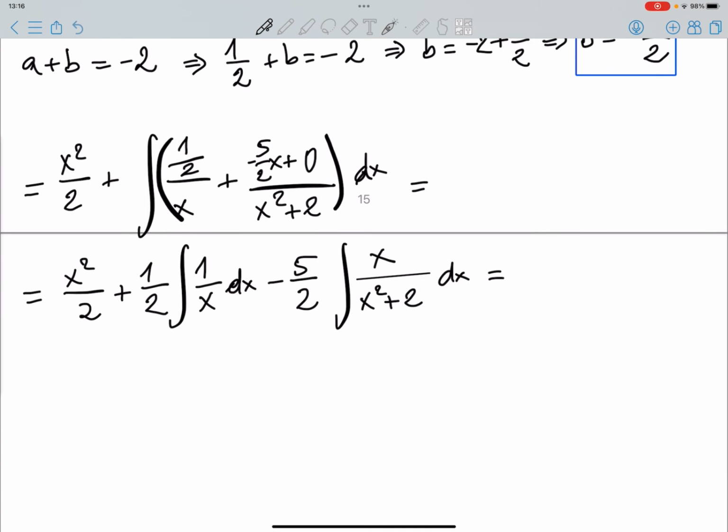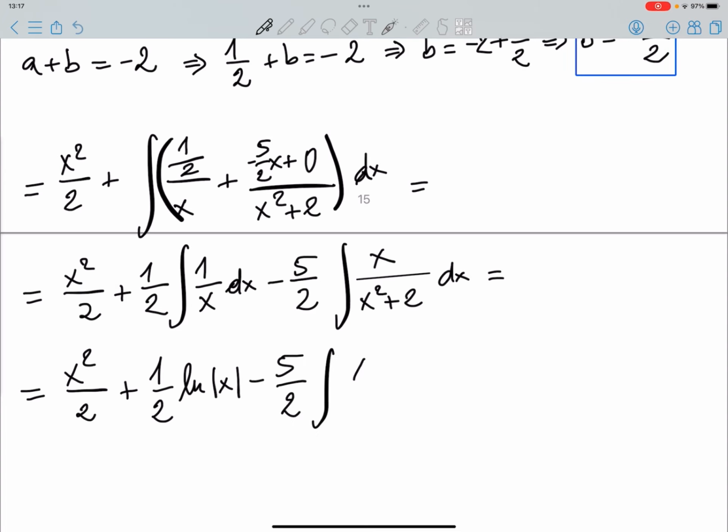Now integration of 1 over x, we know that it's the natural log of absolute value of x, so this is equal to x squared over 2 plus 1/2 times natural log of absolute value of x, and then we have -5/2 integral of x over x squared plus 2 with respect to x.